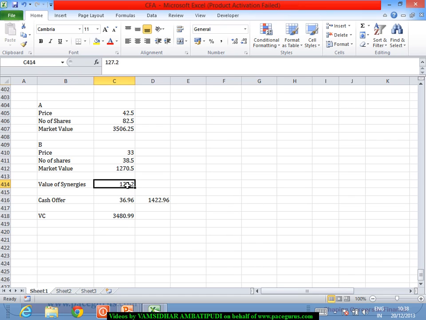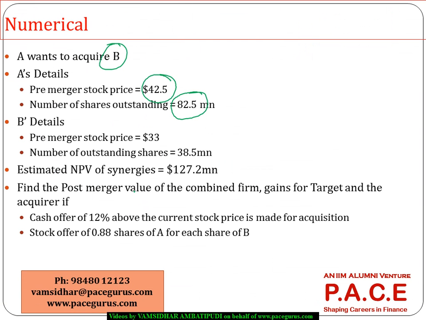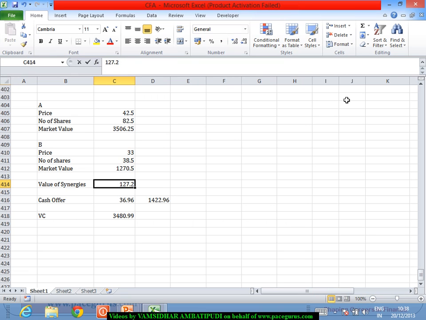But in the case, let's say someone has come out with a mechanism saying, probably if this was a printing mistake, that the value of the synergy is not 127.2 but it is 172.2. When I say it is 172.2, then the value of the combined firm is coming out to 3525.